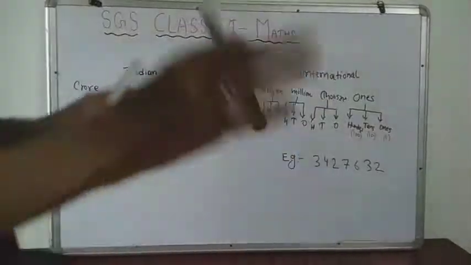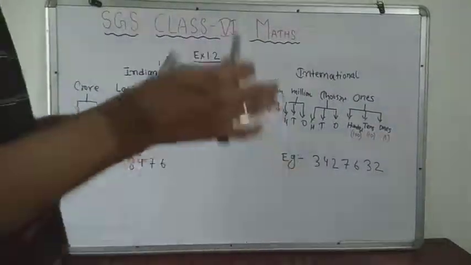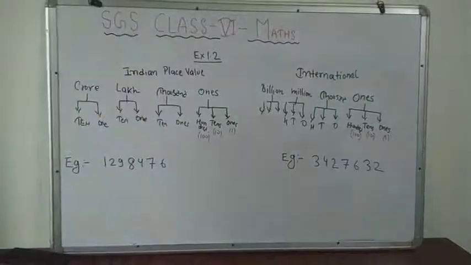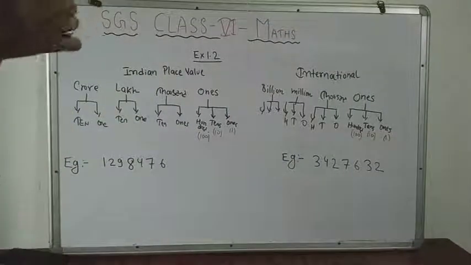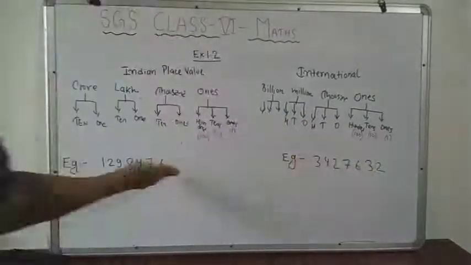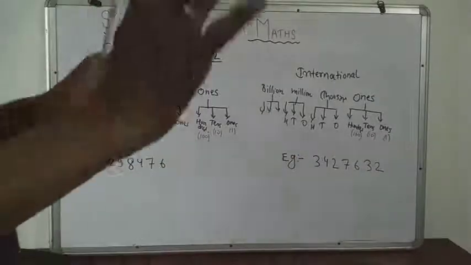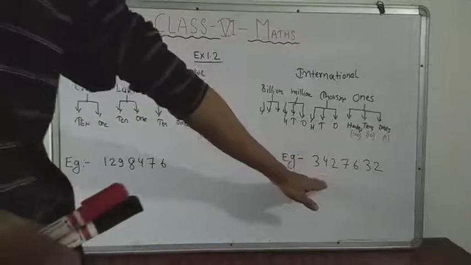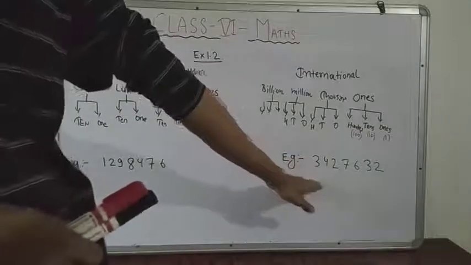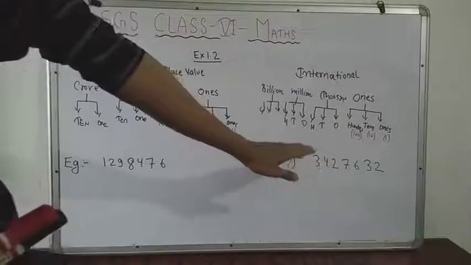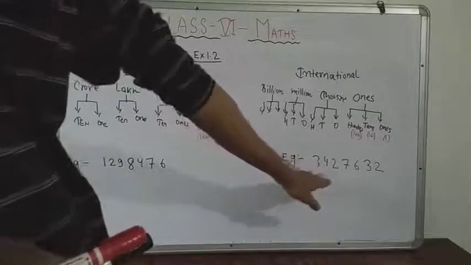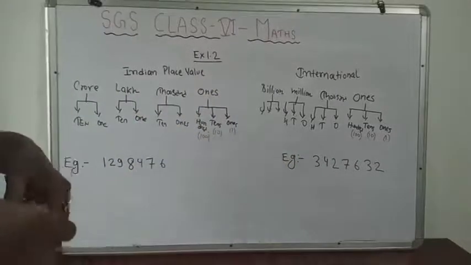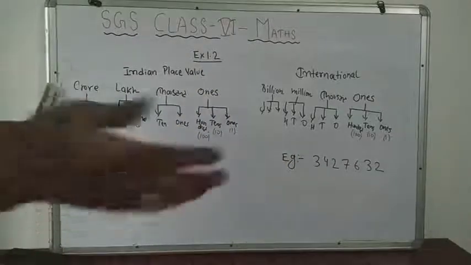Whenever any number is given in your question, what should you do? You first represent the number in proper format. For example, if the question asks you to write the number in words, or to expand the number, then how will you expand it if you don't know its place value?